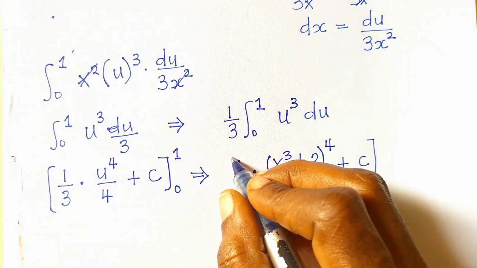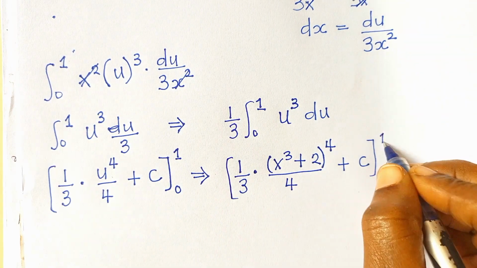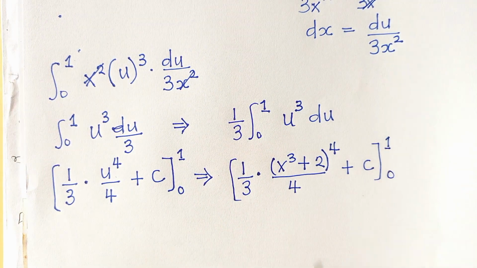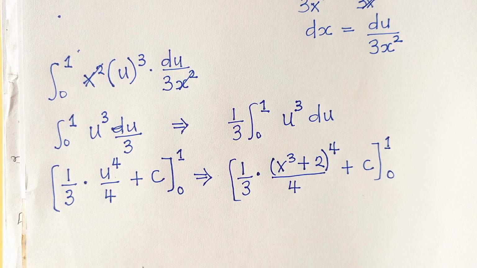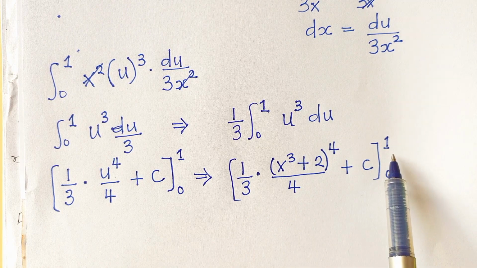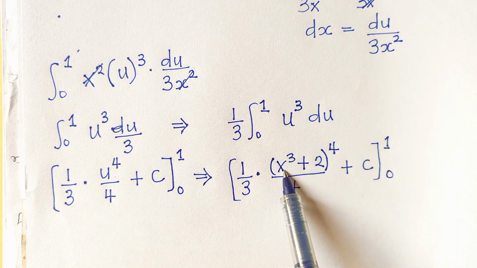Our limit 1 and 0 still remains. Now we want to substitute the limit because we've already integrated this expression, and this is what our answer looks like. So now we need to solve out the limits that we have there.